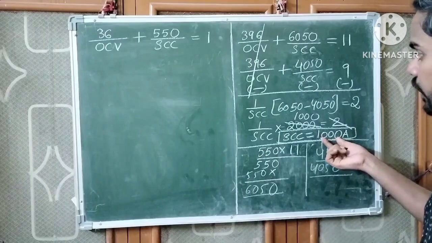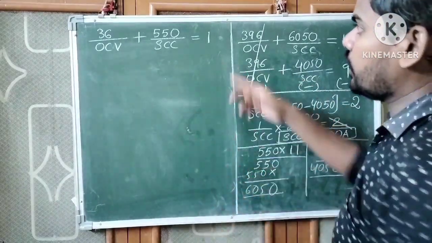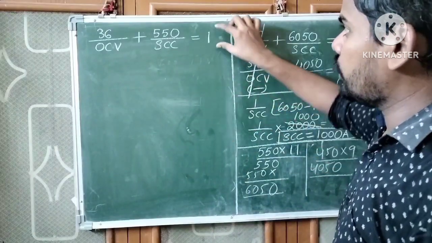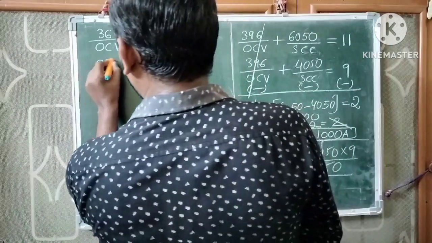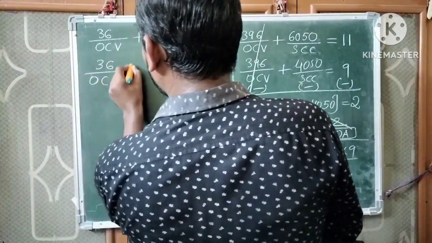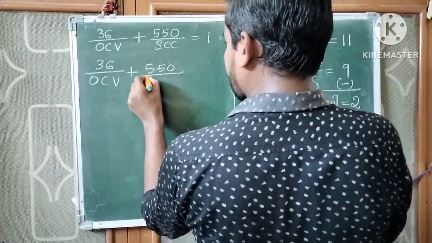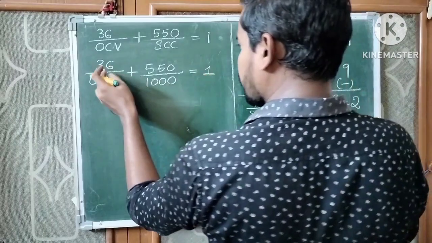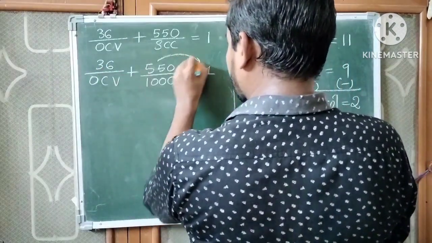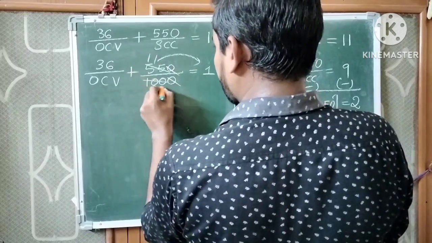Next, to find OCV, the open circuit voltage, we can use either equation 1 or equation 2. Here I am using equation 1. So 36 by OCV, which we don't know, plus 550 by SCC is equal to 1. We got SCC as 1000 amperes. Now the zeros get cancelled, 5 11s and 5 20s.